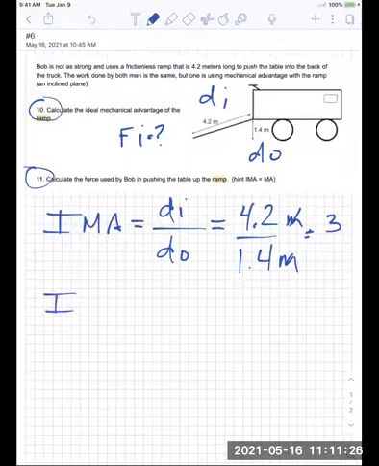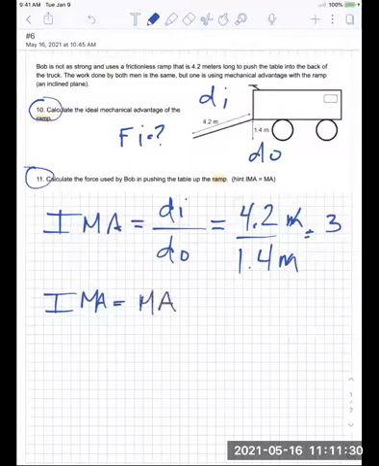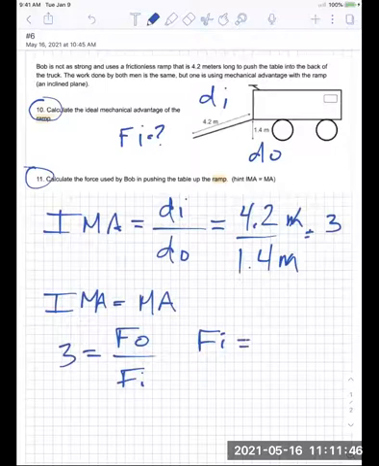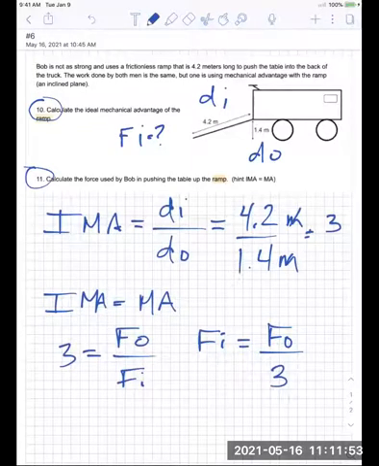So a reminder that IMA is equal to MA, right? So I already know my IMA is 3 and MA is FO over Fi. And if you watched the previous video, you saw how I switched this all around so that I could get Fi is equal to FO over 3. So now I can take the value that I calculated in the previous question for the output force.